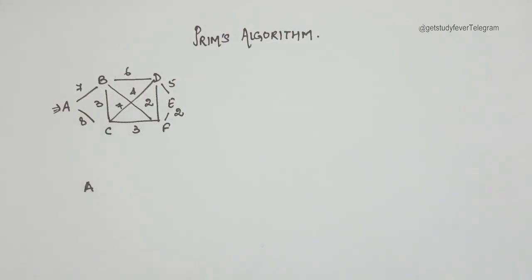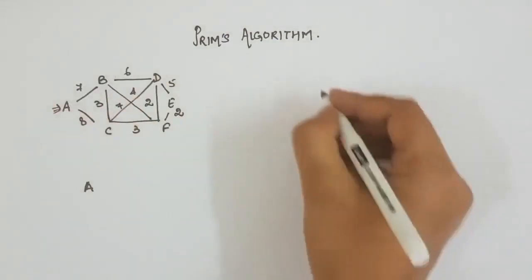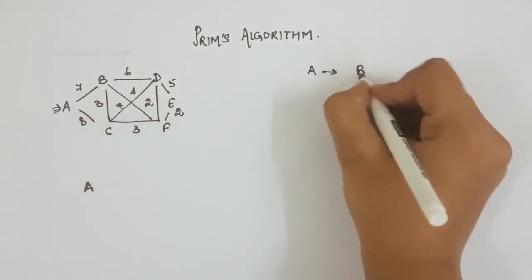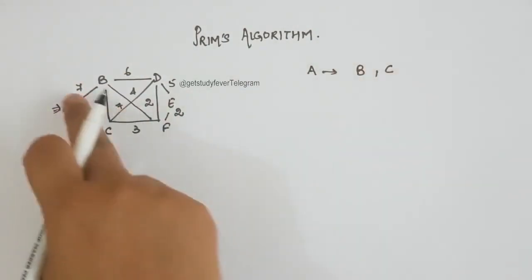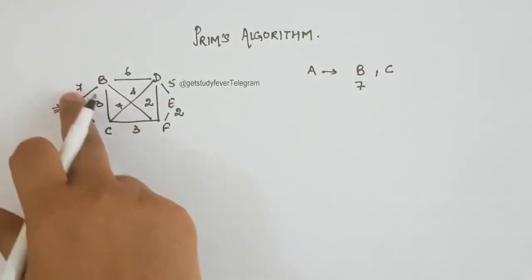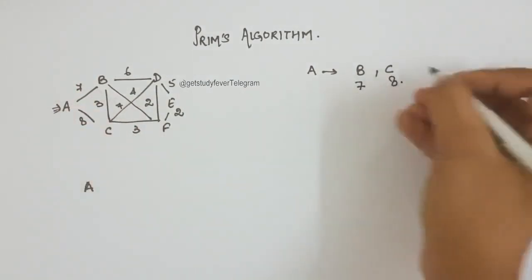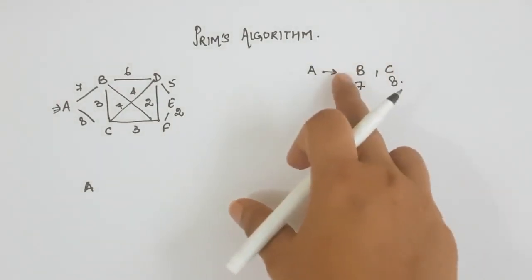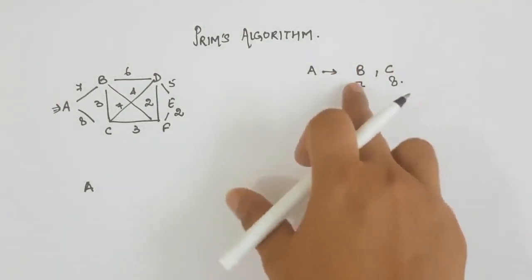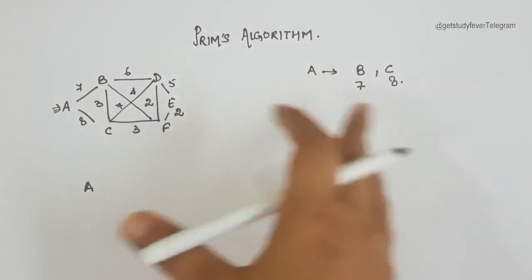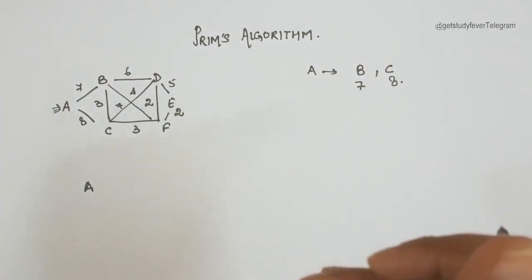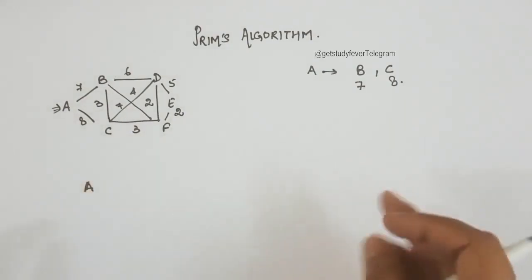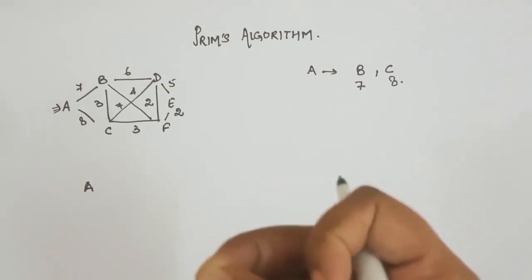Like, who are the neighbors of A? We can see here that A has 2 neighbors, B and C. B has weight 7, C has weight 8. So after I know that these 2 vertices are reachable from A, these are the neighbors of A, among all the vertices which are reachable from the vertices already in this spanning tree, we choose the minimum weighted edge.